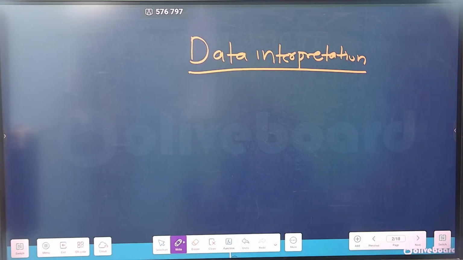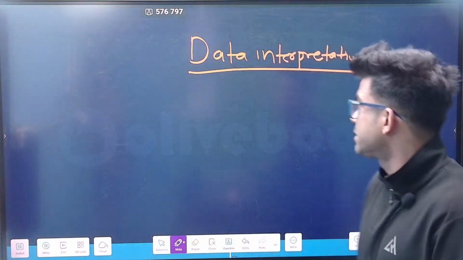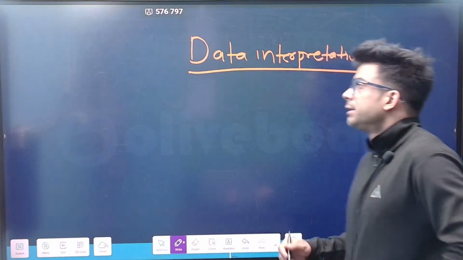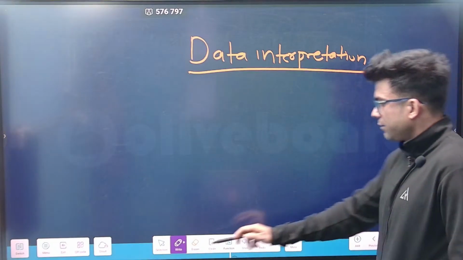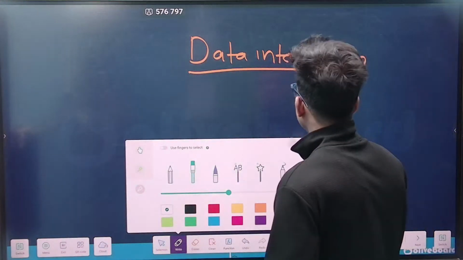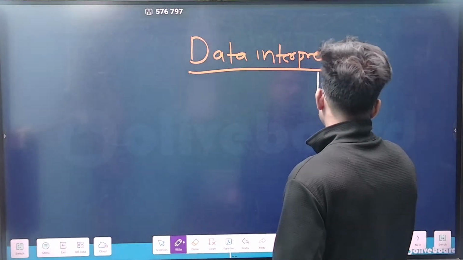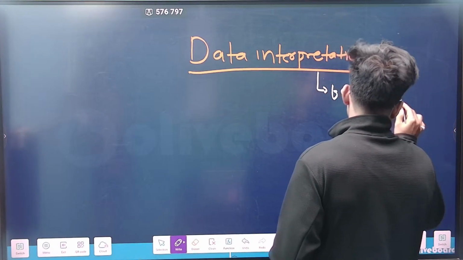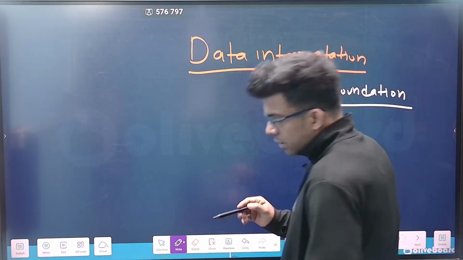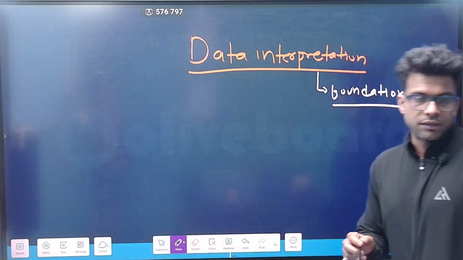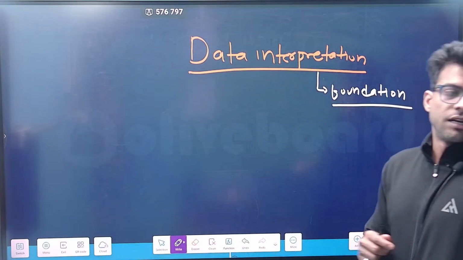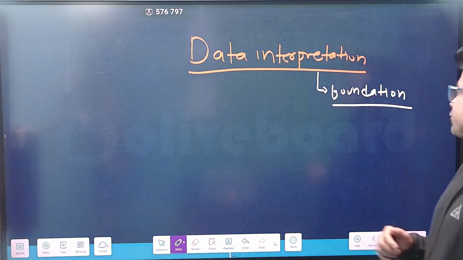The point is that we have started this course related to the foundation level. So we need to understand what the key requirements for the foundation are, meaning what is needed for the foundation, so that you get a good understanding and can solve a question of mains level.